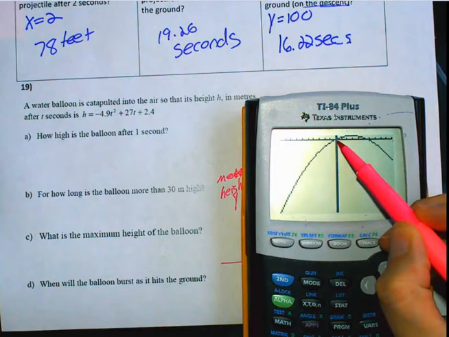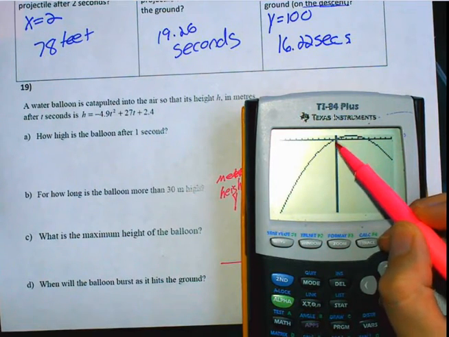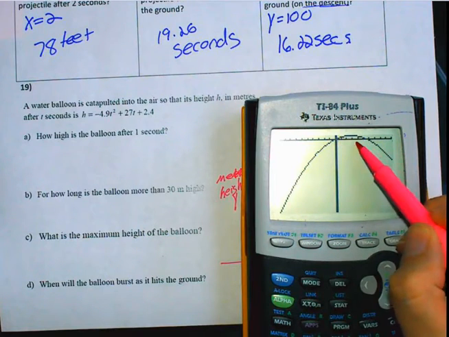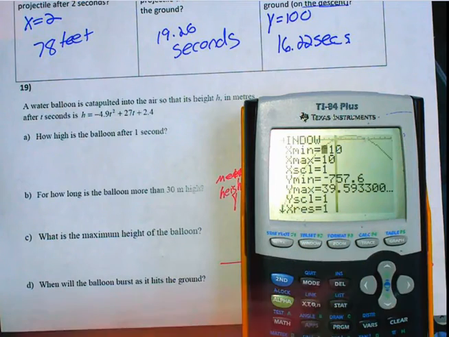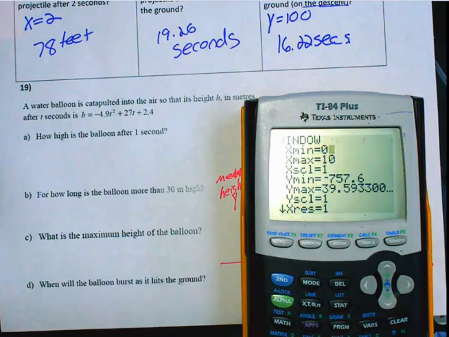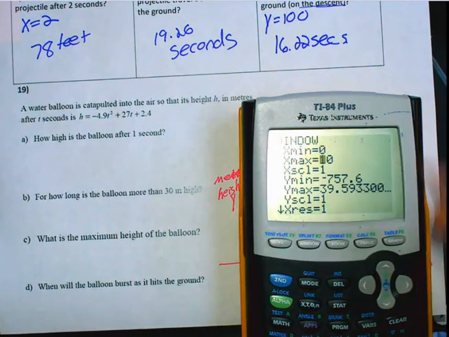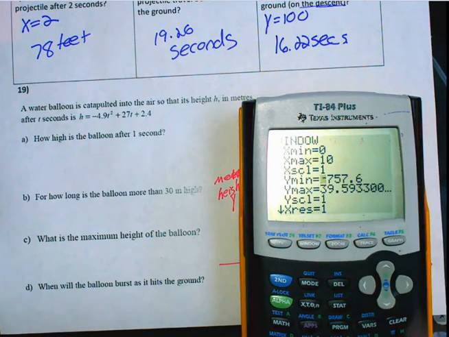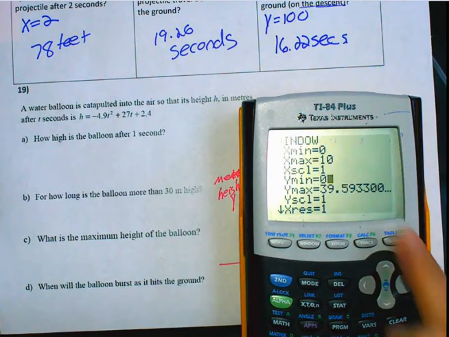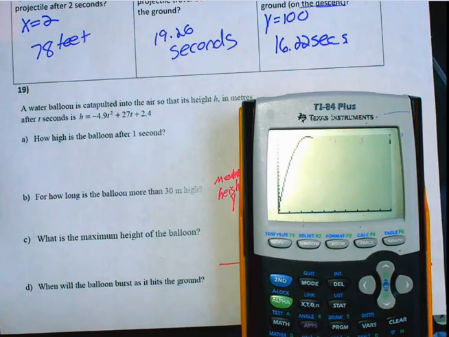So to get a better picture, remember that we're talking about distance and we're talking about time. So distance isn't negative and time isn't negative. So you can manually adjust the window by going into window. So I'm going to go 0 because I know that time is not negative. This is my x values. Then we go down here and I know that for y, distance isn't negative. So I'm going to put 0 and now I'm going to go back to graph. And that gives me a very nice picture.